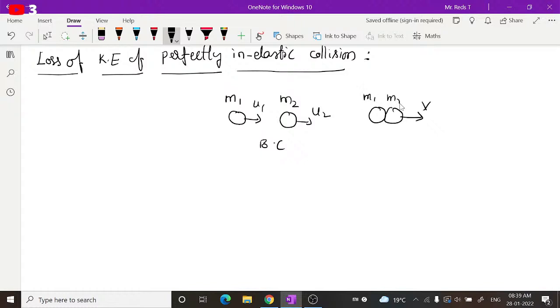This kind of collision is called perfectly inelastic collision. In this collision, how to find the loss of kinetic energy? Let us see.